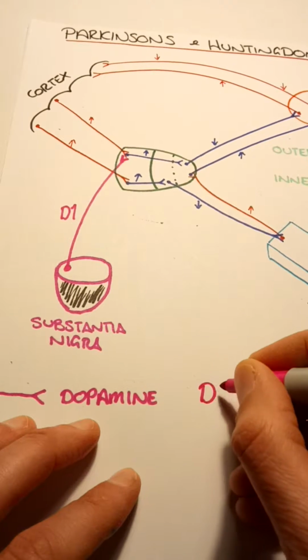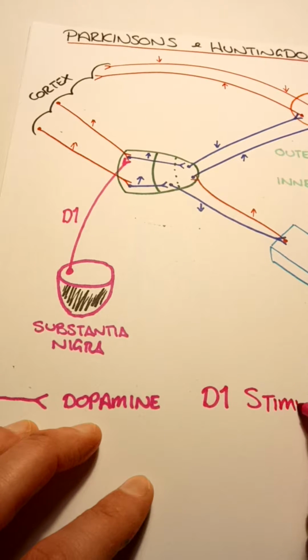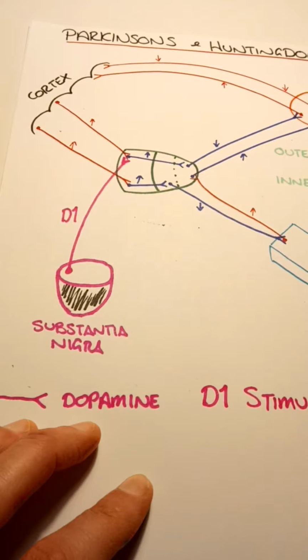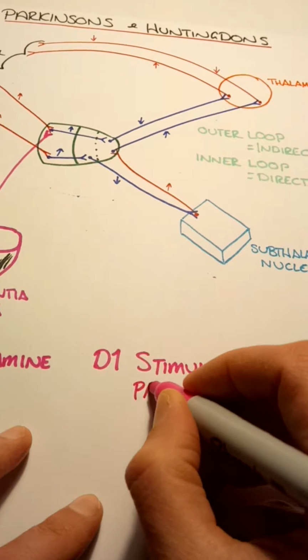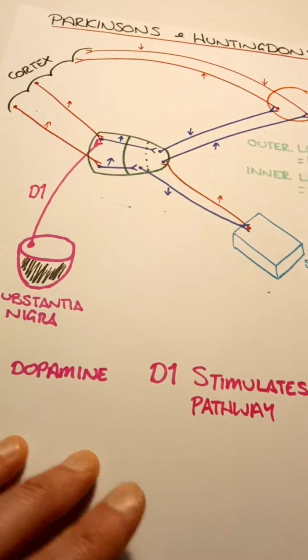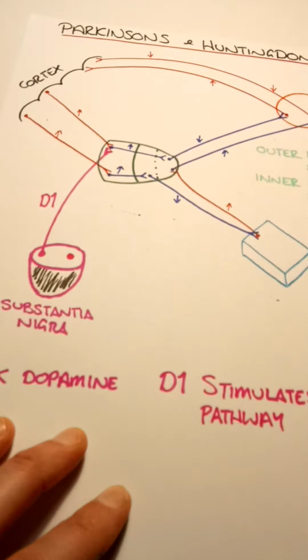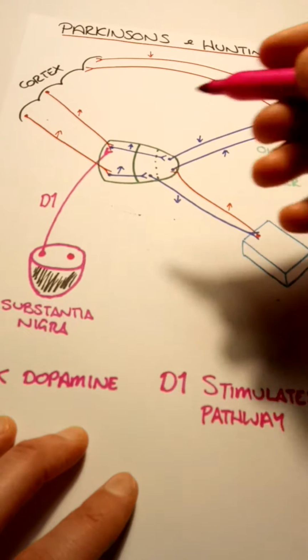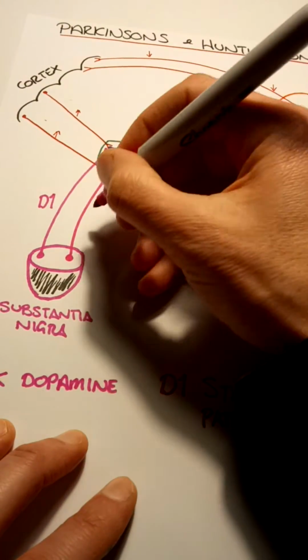So D1 stimulates the direct pathway. And then we've got D2. What does this do? This inhibits the indirect pathway. So this one comes here onto there, right? This is D2.